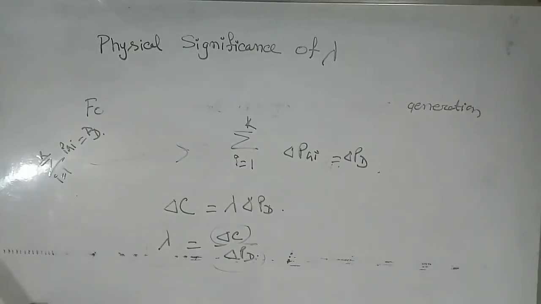Now consider the effect of generator limits given by the inequality constraints PGi min less than or equal to PGi less than or equal to PGi max.